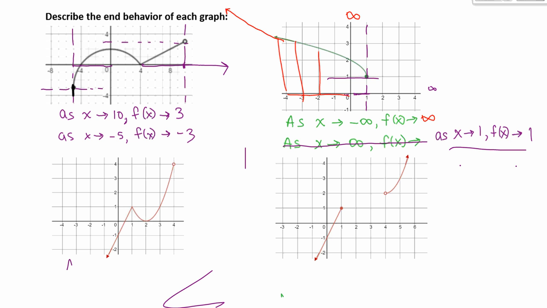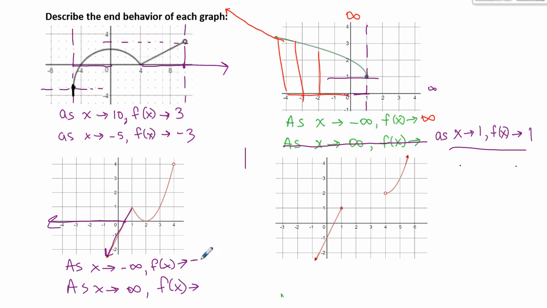Okay, so this one right here, two statements. As x goes to the left, f of x goes to, and then as x goes to the right, f of x goes to. Okay, left side, here's the graph. It looks like it's going down forever as I go this way. So we'll say -infinity there.